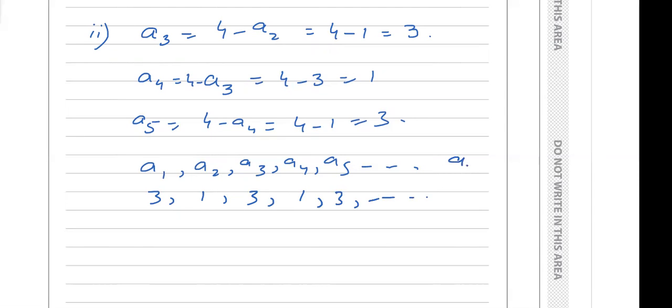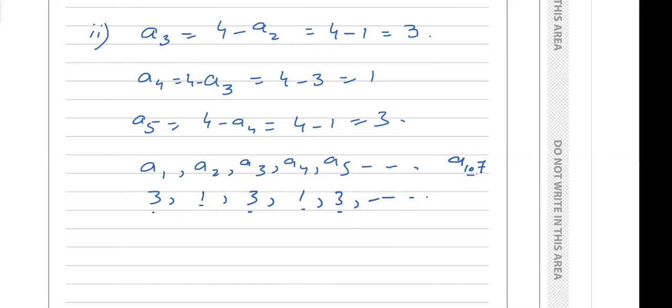If I go to a107, you can notice a pattern here. For odd values, like a1, a3, a5, we have the answer 3, and when n is even, we get 1.